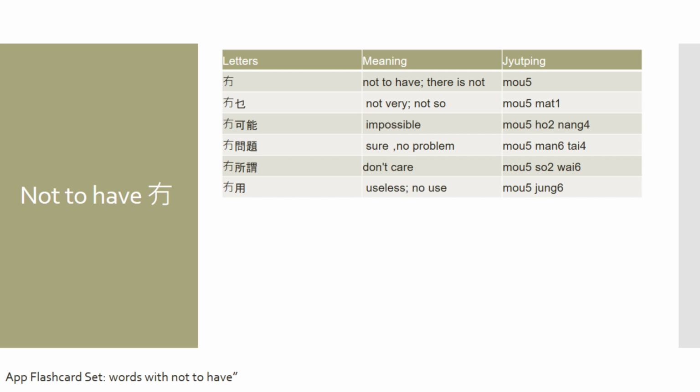Impossible is 冇可能. Sure or no problem in Cantonese is 冇問題. Don't care in Cantonese is 冇所謂. Useless in Cantonese is 冇用.